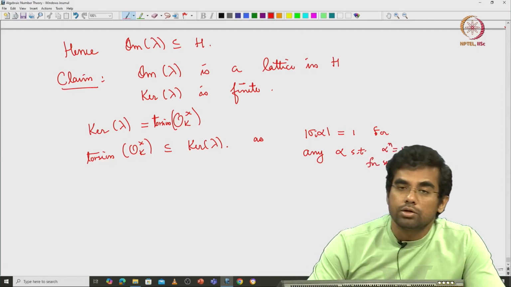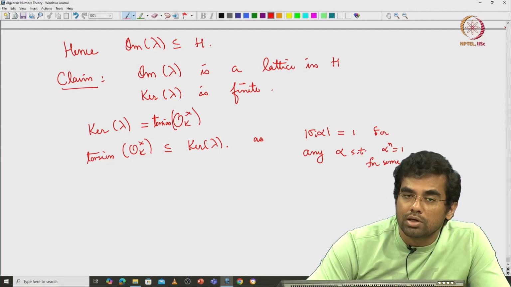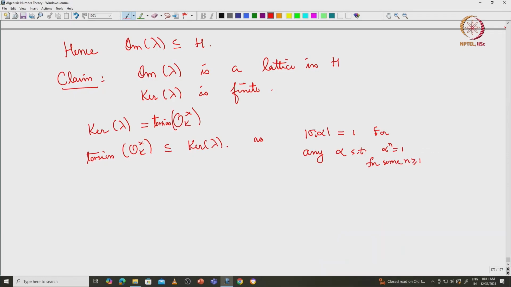So, if it is a root of unity, we know that the mod of a root of unity is 1, and therefore the log of the mod of sigma I alpha is also equal to 0. So, that shows that the torsion of OK cross is contained in the kernel of lambda.